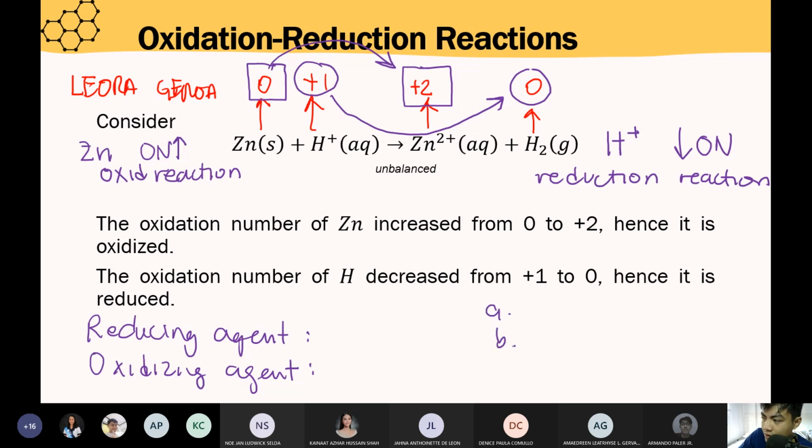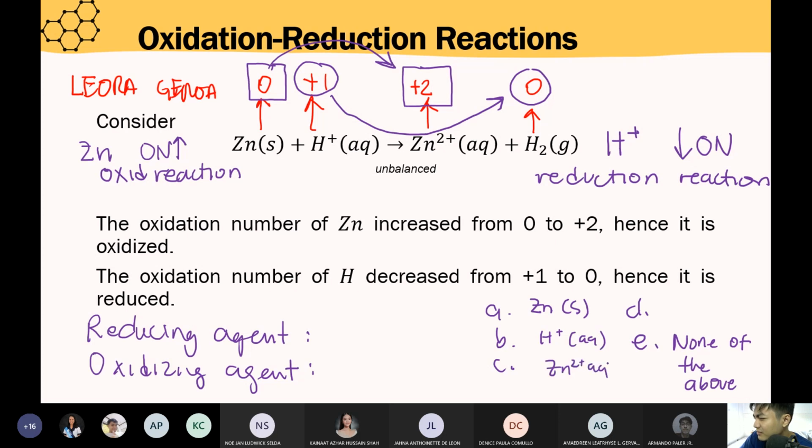Kasi ako yung gumagawa ng quiz niyo eh. Kunwari, ganito sa quiz. What is the reducing agent? Kunwari, yun. Question number 1. What's the reducing agent?